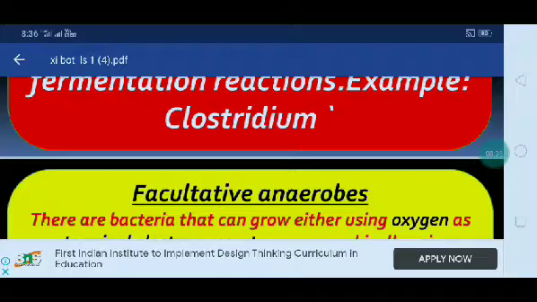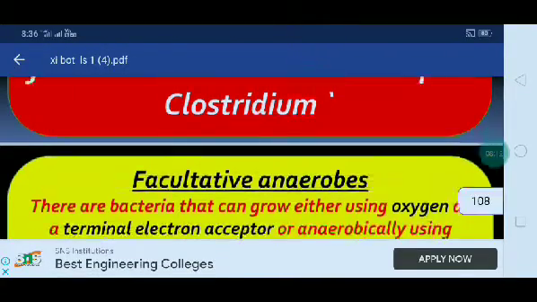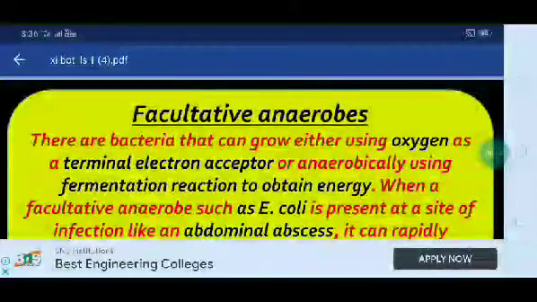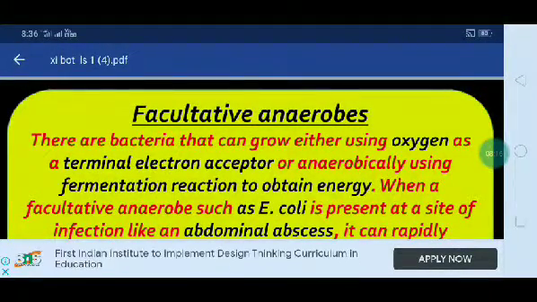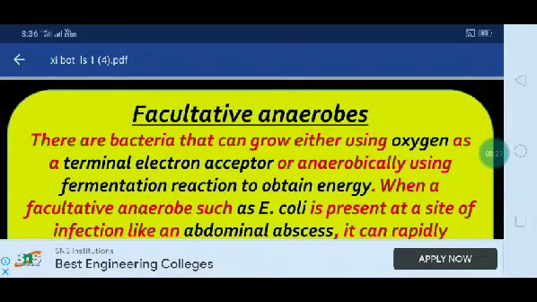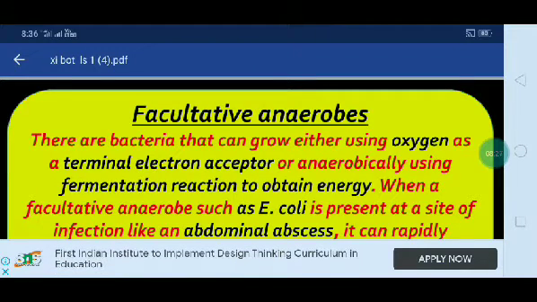The next one is facultative anaerobes. These are bacteria that can grow either using oxygen as a terminal electron acceptor, or anaerobically using fermentation reactions to obtain energy.